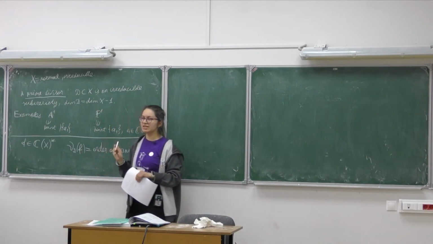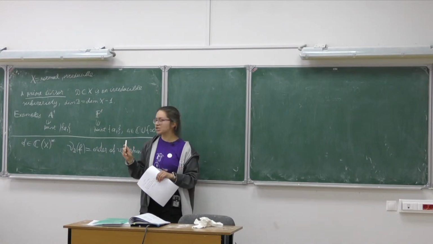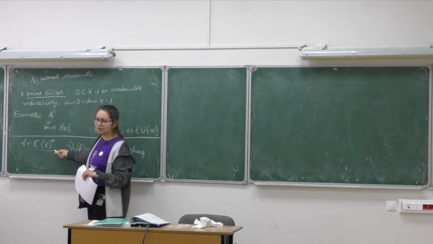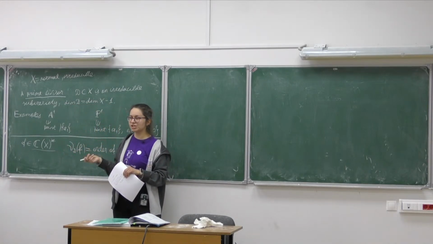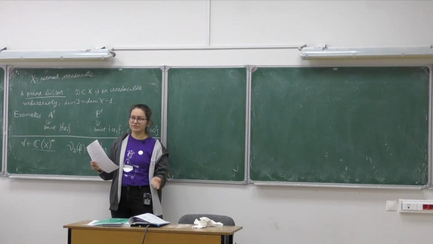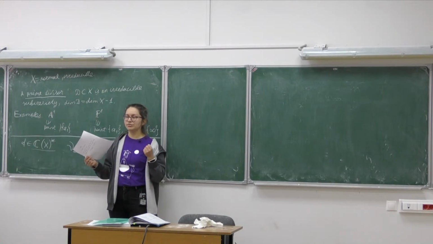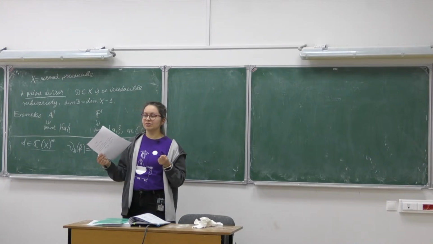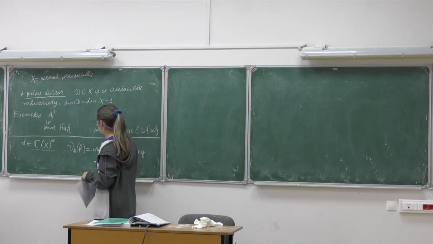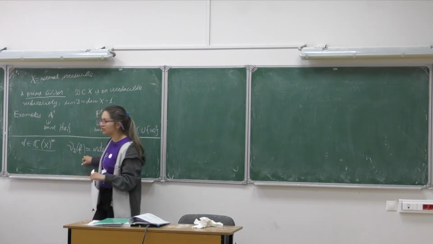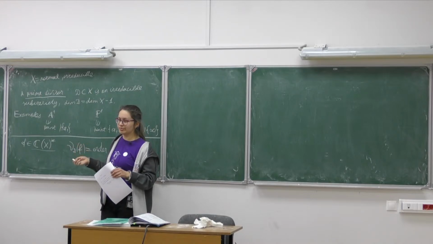So in fact, this is a discrete valuation on the field of all rational functions on X. And we will use the properties that it is the discrete valuation and the consequences of it. For example, the functions which map to 0 via nu, they are invertible.